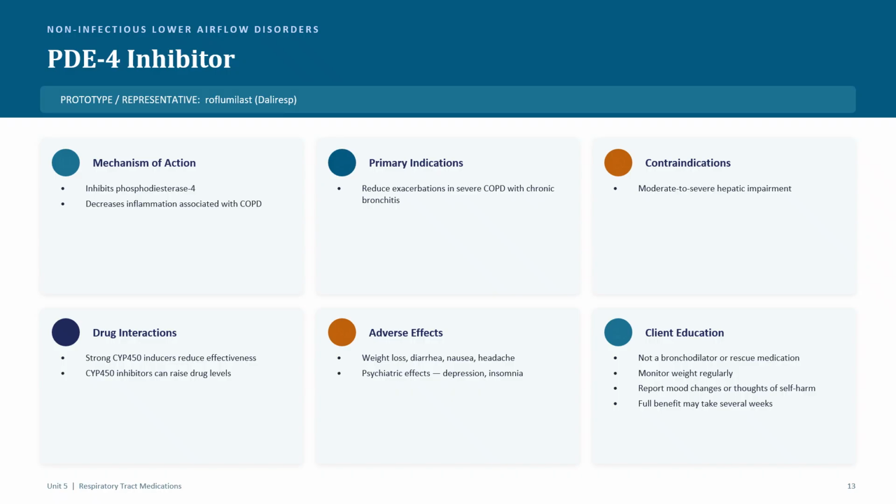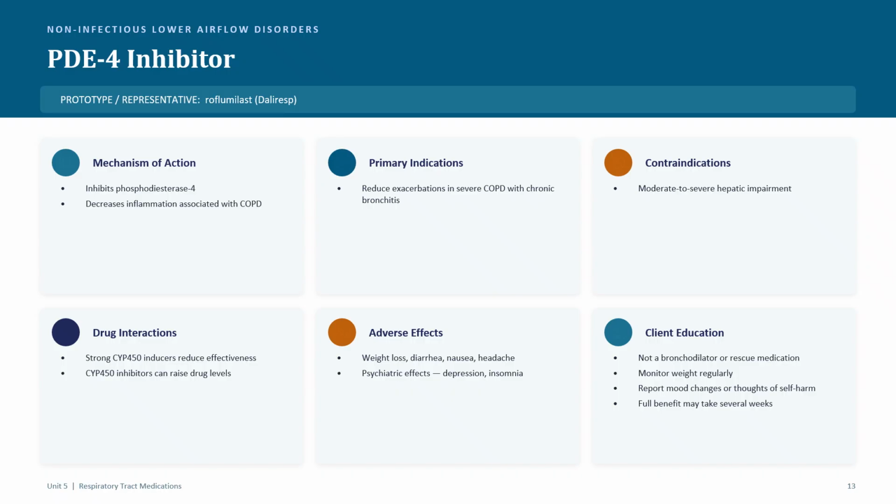So decreased inflammation associated with COPD, not bronchodilation. So this drug is not opening the airway directly at all. It's an anti-inflammatory, and it's specifically for severe COPD with chronic bronchitis, aimed at reducing exacerbations over time.